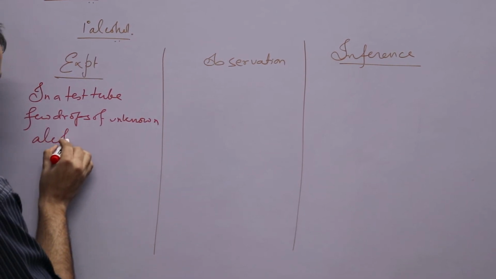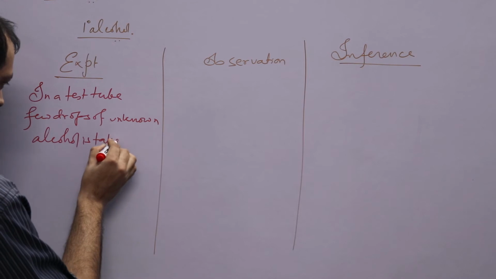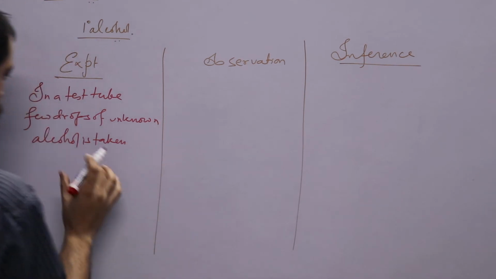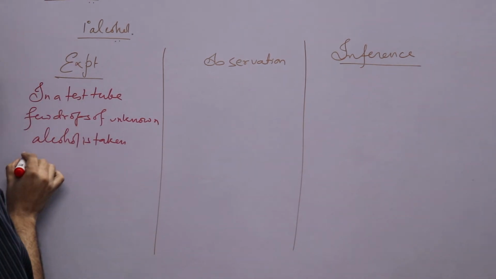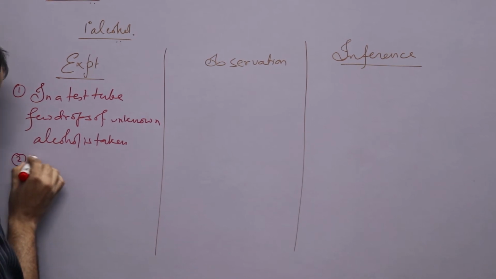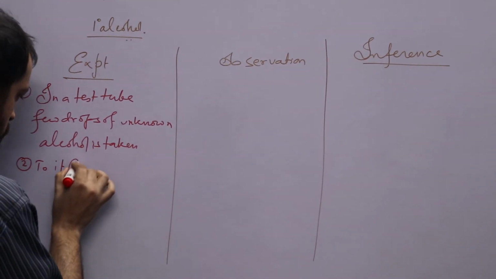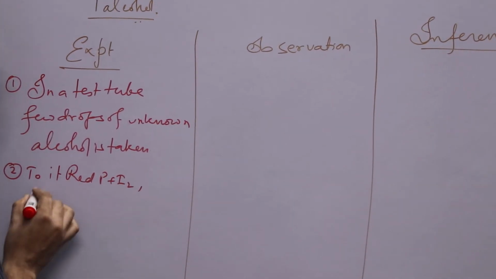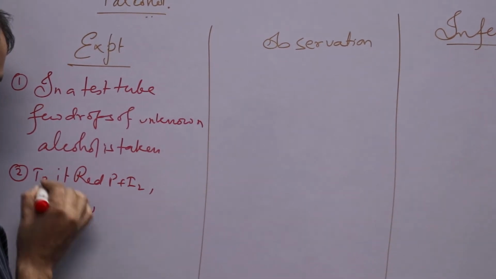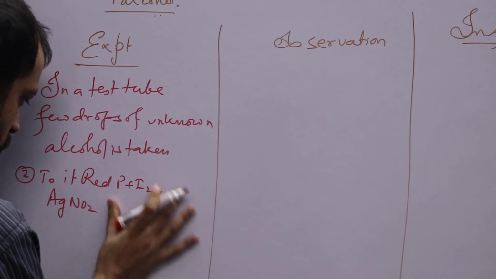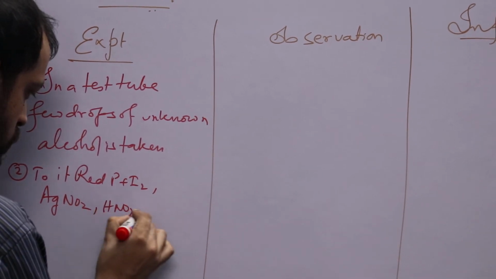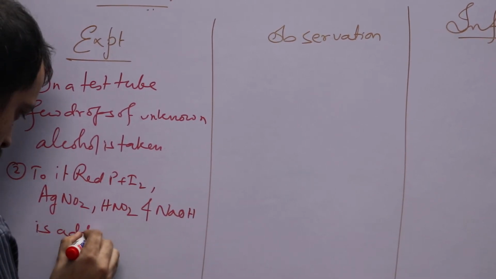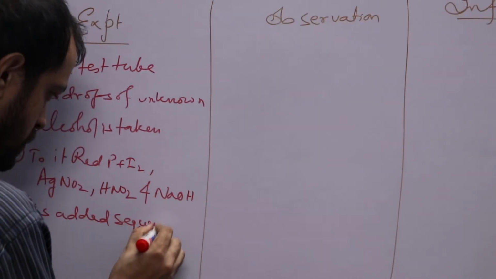Now to it red phosphorus plus iodine, AgNO2, HNO2 and NaOH is added sequentially.